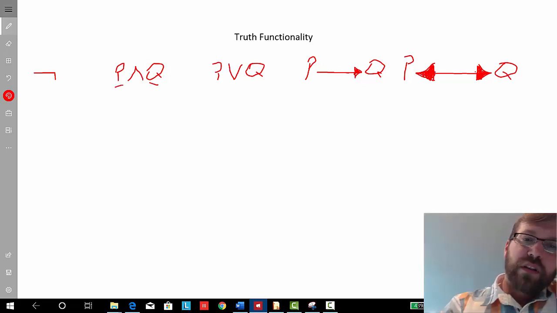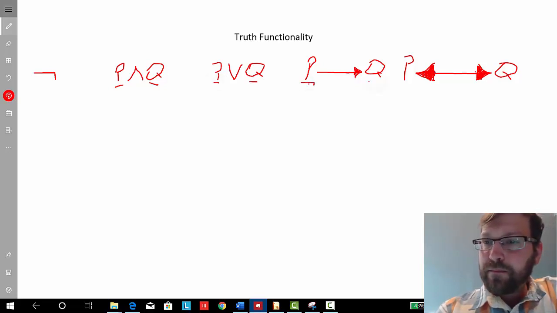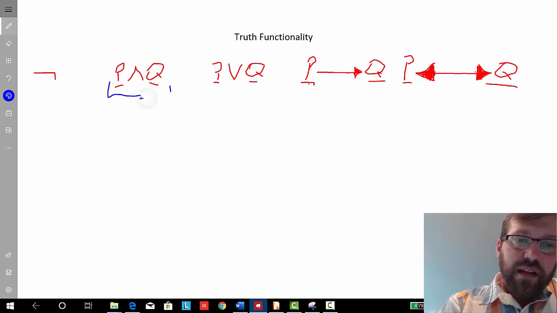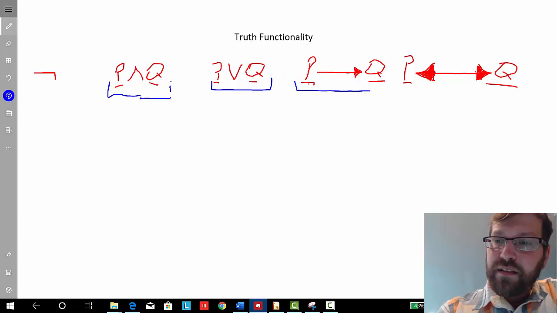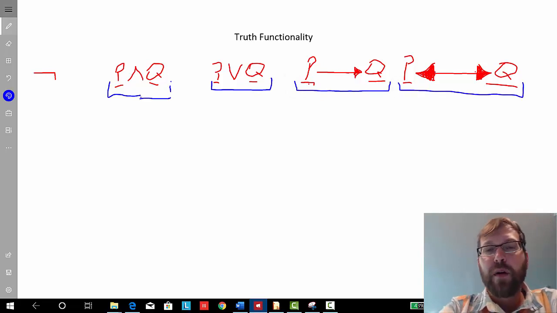So these are all less complex sentences, whereas by connecting those less complex sentences, we get a more complex sentence. So for instance, maybe we went from 2 atomic sentences, maybe P is an atomic sentence and Q is an atomic sentence, and then by putting these connectives in between them, we get compound sentences.